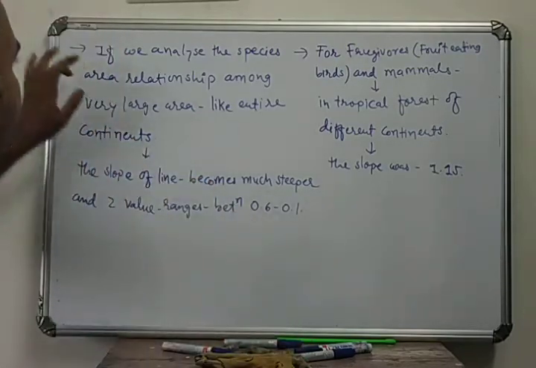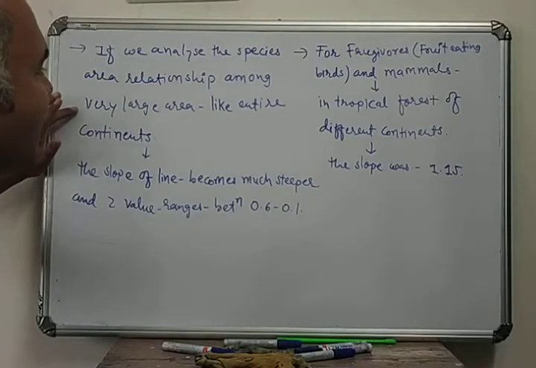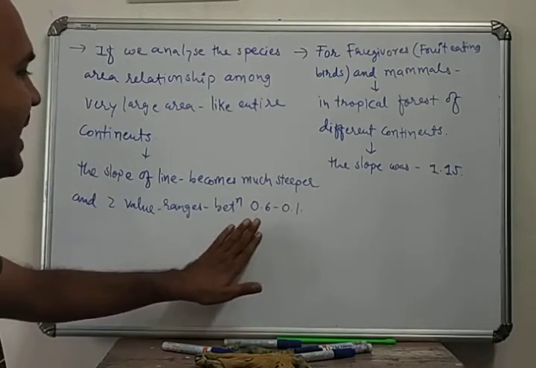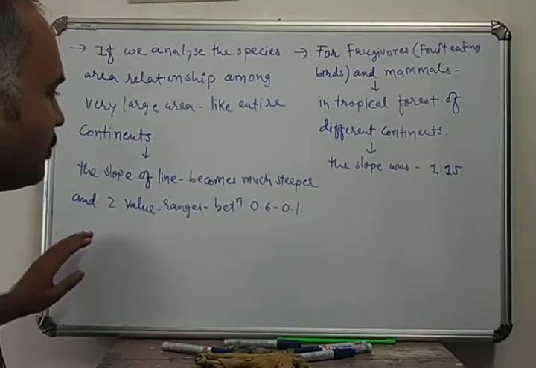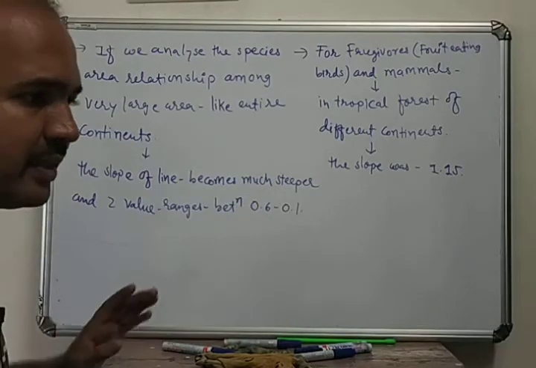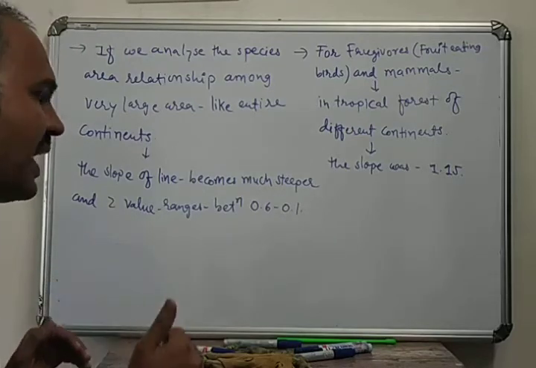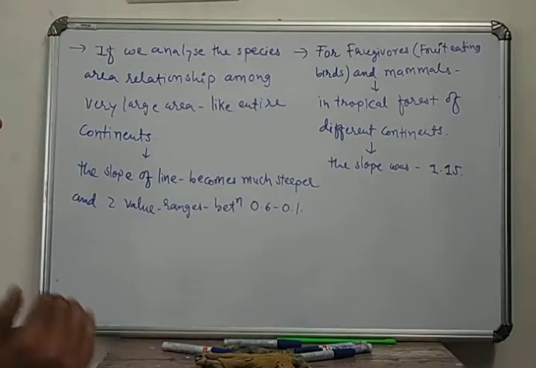If we analyze the species area relationship among a very large area like entire continents, the slope of the line becomes much steeper and its value increases. Its value will increase, and the slope of the line will become much steeper.